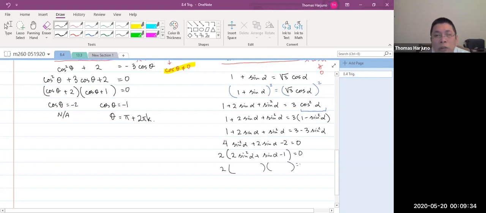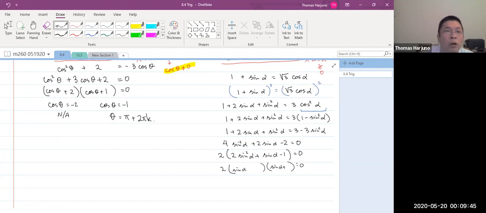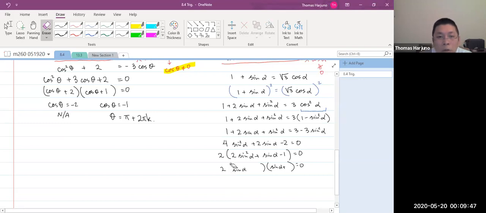You can also say you divide by 2 both sides earlier. Sine alpha here, sine alpha here, plus, oh, I'm sorry, I need 2 somewhere. Let me put a 2 here, so plus 1 here, minus 1 here. So I get sine alpha equals 1/2, or sine alpha equals -1.